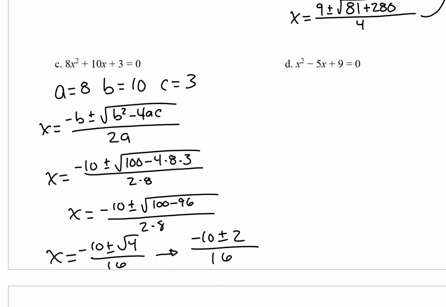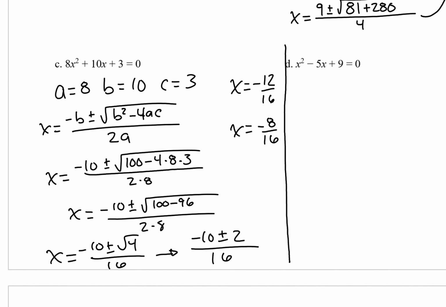So there's two answers for x, and I think I can see both of them. Let me not take any room away from that problem. One of them is x is equal to negative 12 over 16, and the other one is x is equal to negative 8 over 16. Those are both reducible, right? Those both have common factors. Negative 8 over 16 is negative 1/2. So that's one of my values of x.